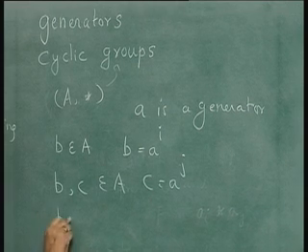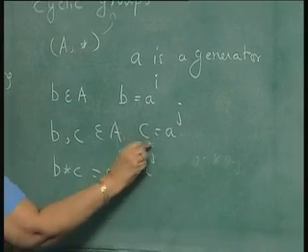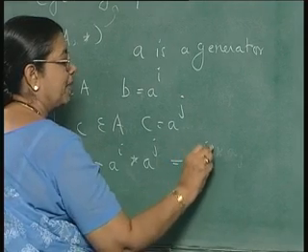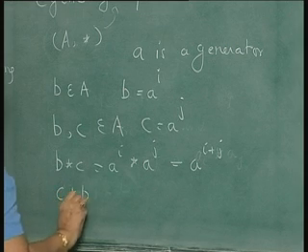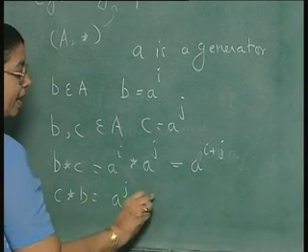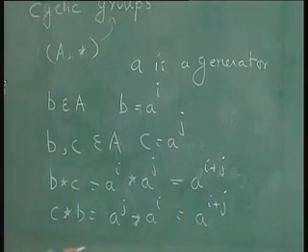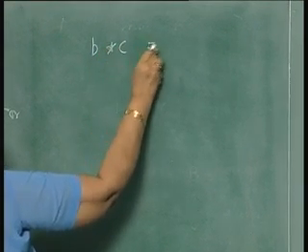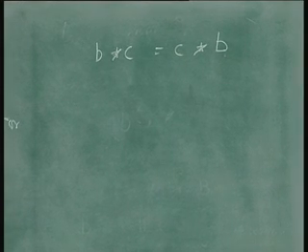So, what can you say about B star C? B star C will be A power I star A power J, that you can write as A power I plus J. And that is the same as if you take C star B, that is A power J star A power I equal to A power I plus J. From this you get, if you take any two elements, B star C will be equal to C star B. That is, the group is commutative.